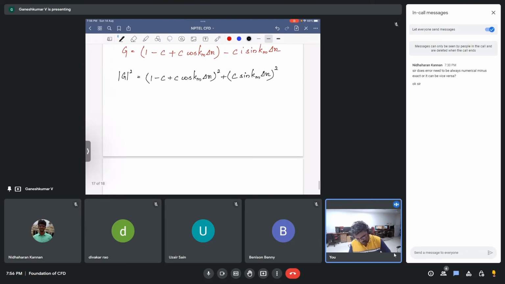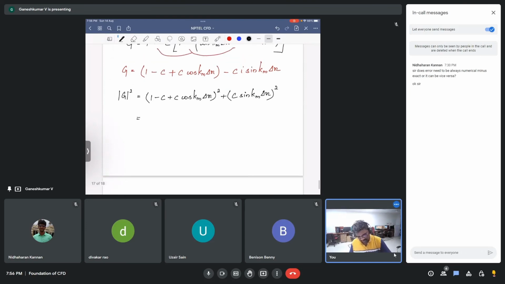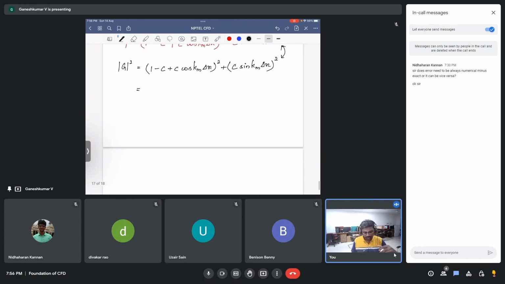Now we will try to simplify this equation more. For this conversion there is a little bit of algebra, you can do it on your own.